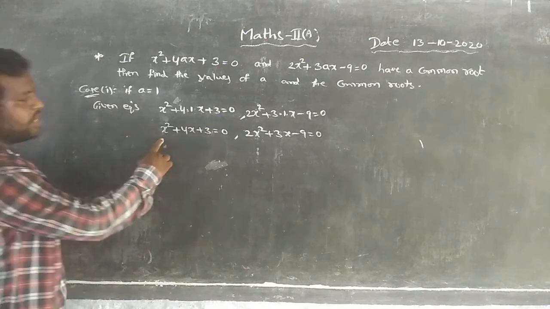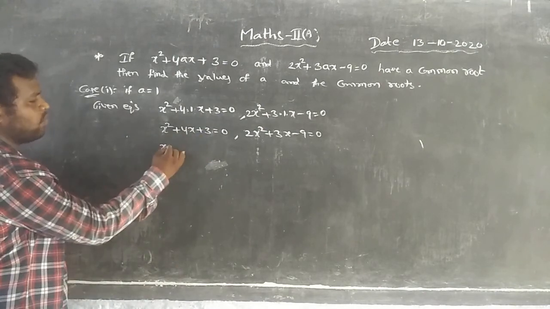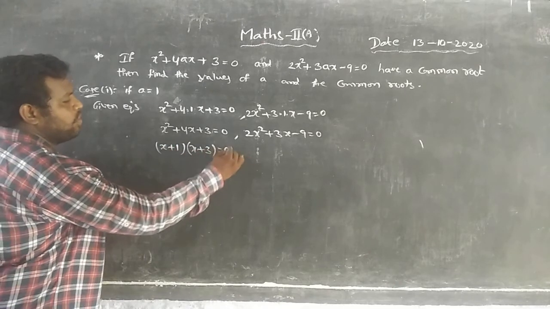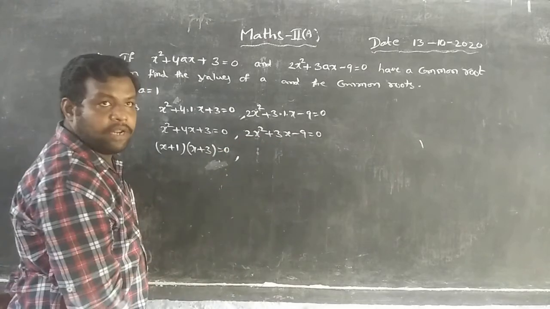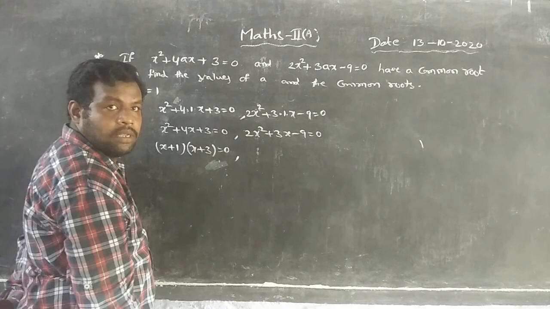Now split those equations. x square plus 4x plus 3 means (x plus 1) into (x plus 3) is equal to 0.